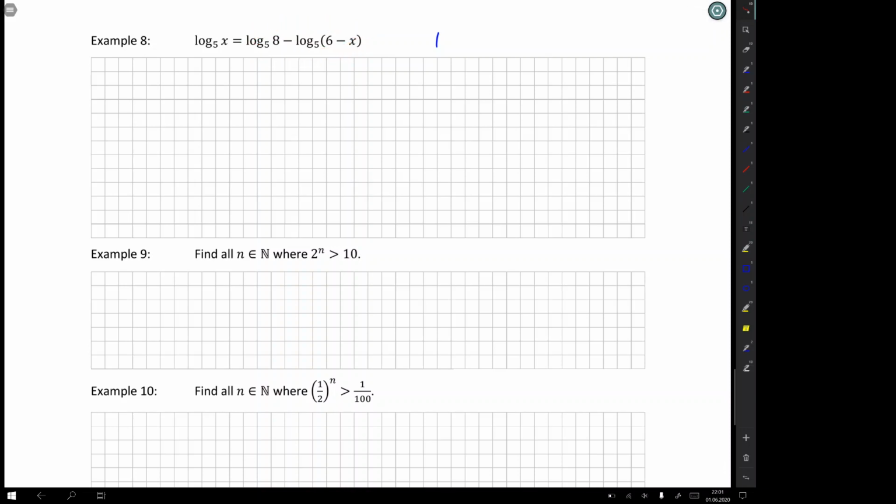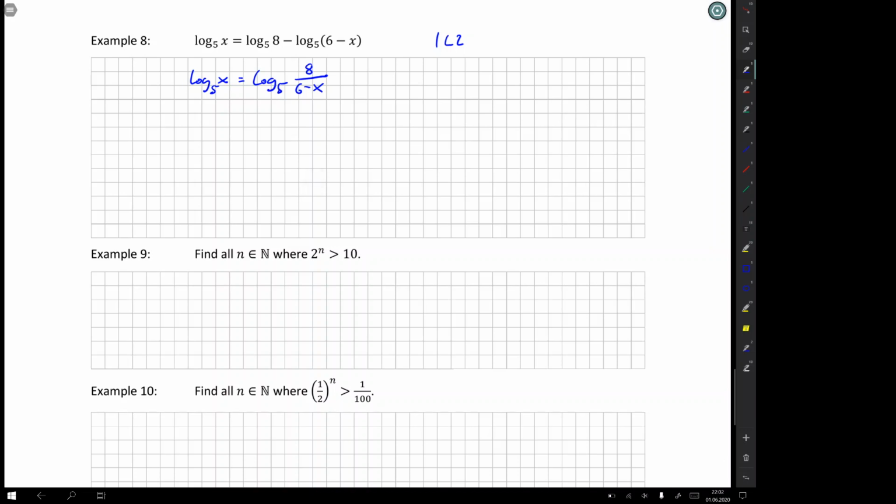And here comes the solution. Well, we use the laws of logarithm too. We can rewrite the right hand side then as logarithm in base 5 of 8 divided by 6 minus x.